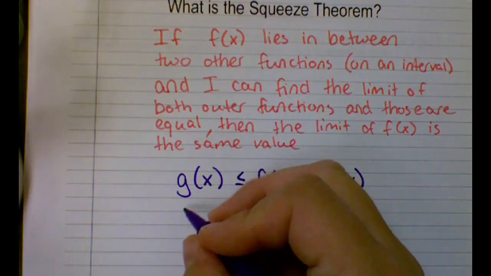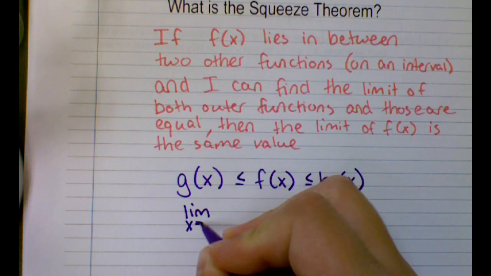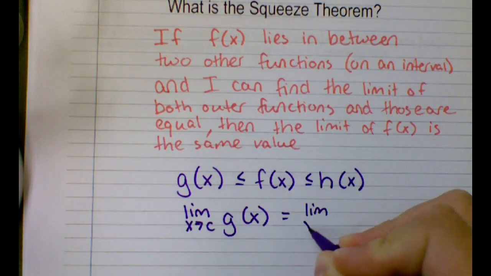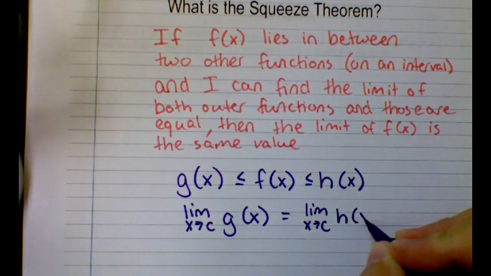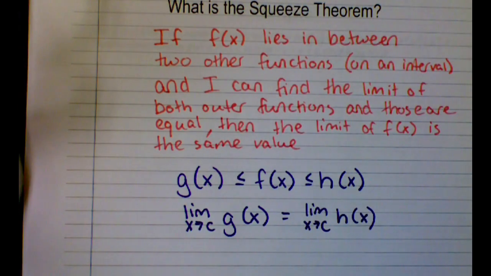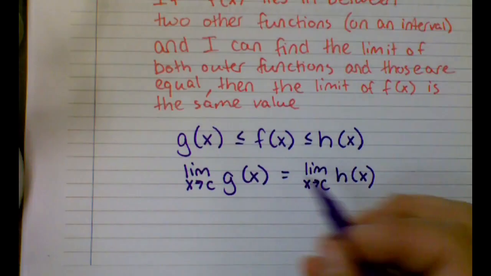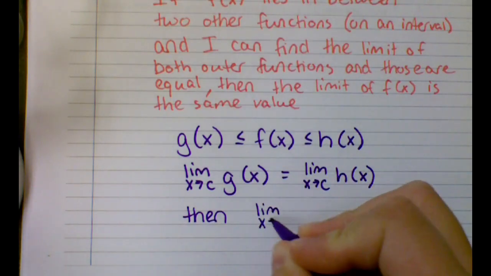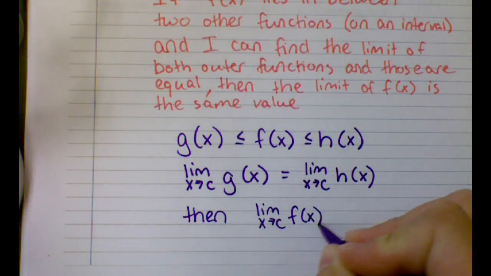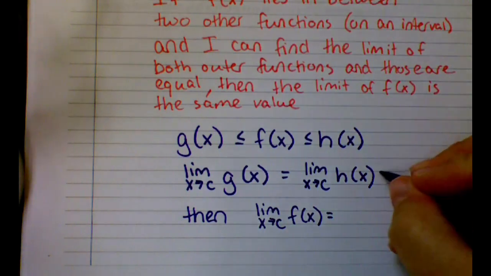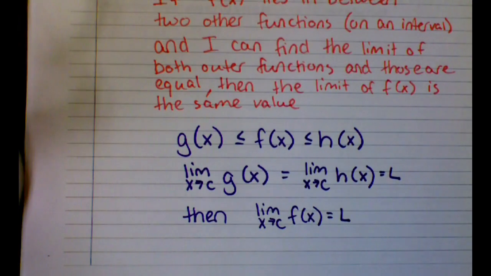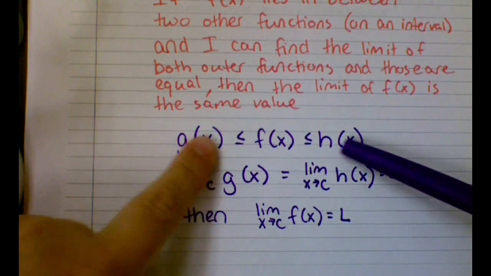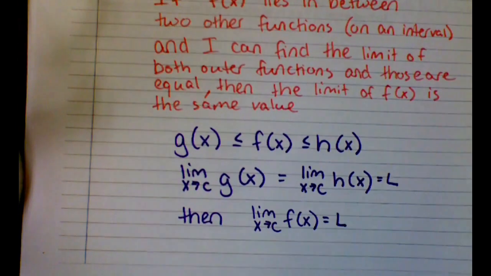Well, if I know the limit as x approaches some value of g of x is equal to the limit as x approaches that value of h of x, well then in order for f to be squeezed in between there, then the limit as x approaches c of f of x is that same value. Let's call it L. Because if it's squeezed in between there, if both of these outer ones are reaching L, then the inside part has to also reach L.